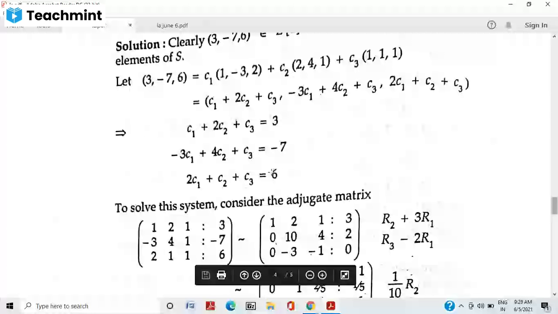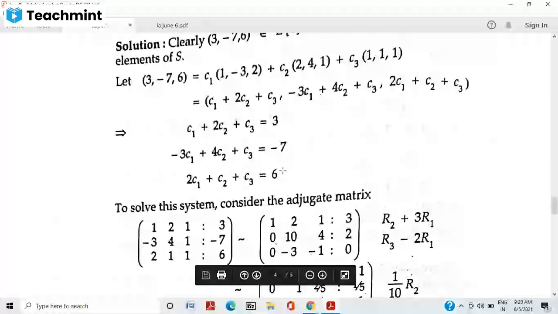First of all, we should write the augmented matrix AB. How do we change these equations into the form of a matrix? What do you get? 1, 2, 1, 3. Then the second row, what will it be? -3, 4, 1, -7.